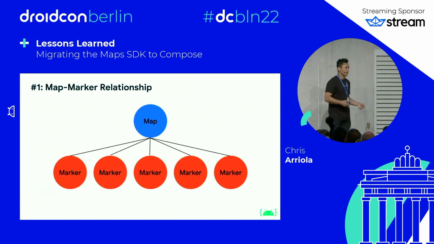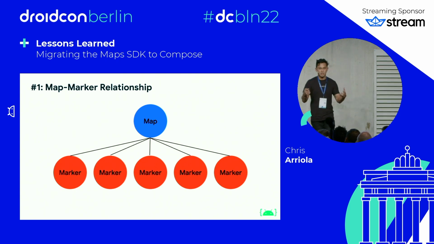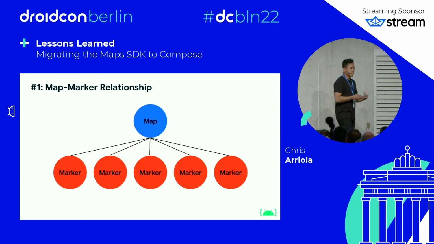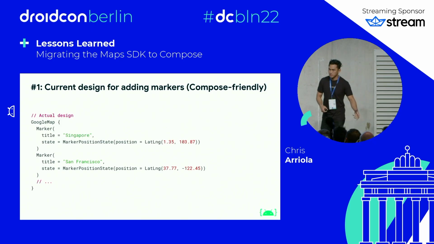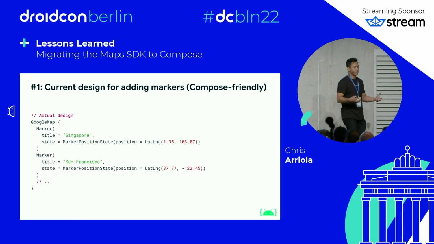So if we think about it from a tree perspective, a map is the root of the tree, and it can have many markers as child nodes. So taking this model, we can then convert marker into a child composable function instead. And this is precisely the design of Maps Compose right now.